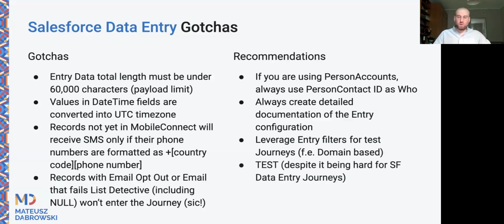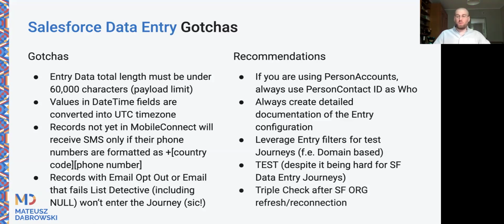Going back to the recommendations, always test. It's not easy because you cannot just do it with test data from the data extension. You need to actually do it from the Salesforce CRM, create test records there, and make sure only test records are going through. But always test, because there are a lot of gotchas with the Salesforce data entry, especially as we'll be covering with the journey data in a second.